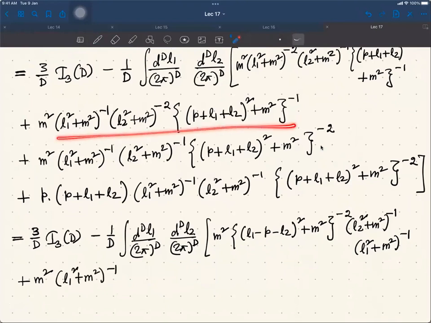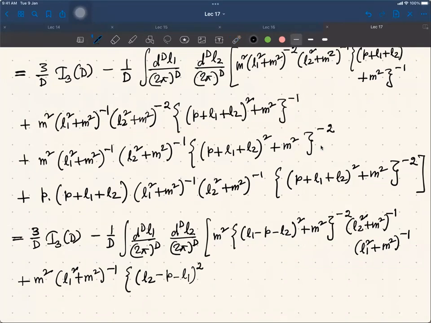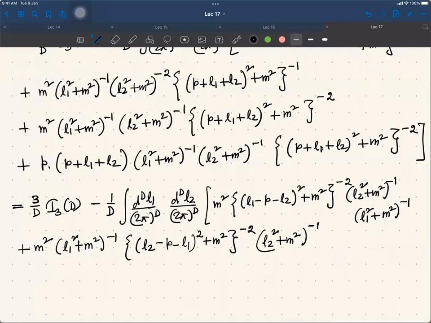I'm writing this line by replacing L2 by L2 minus P minus L1. I'm writing the third line without any change.